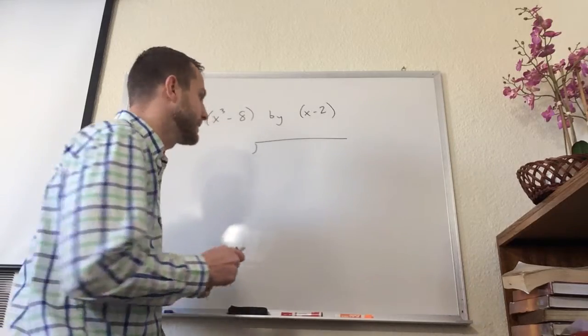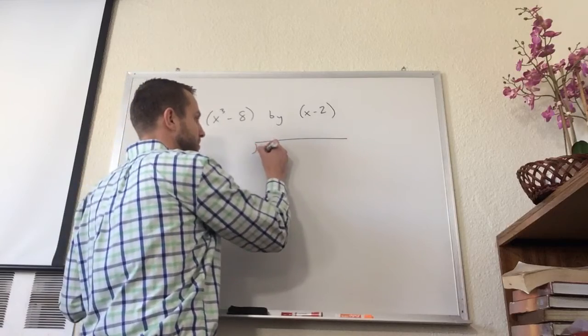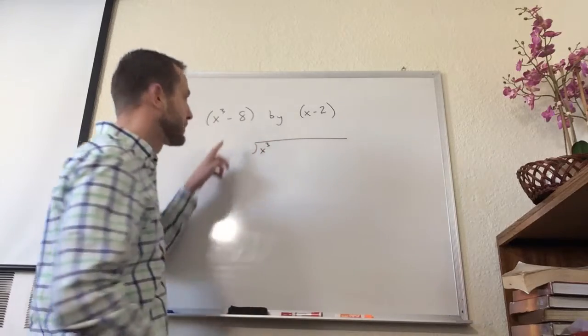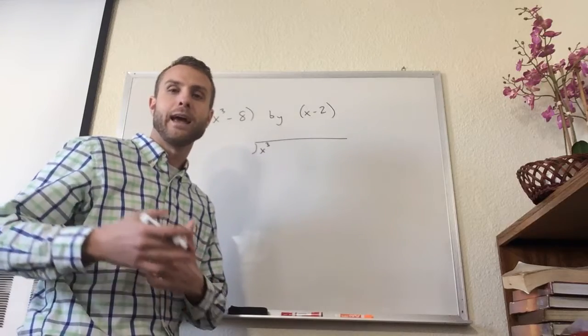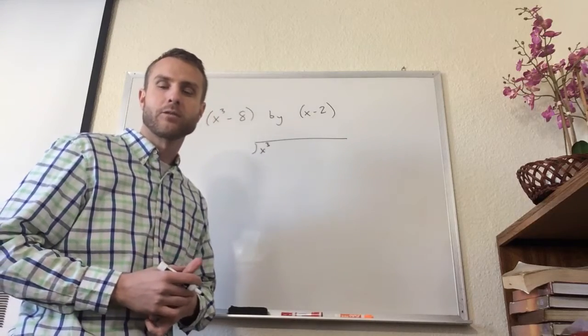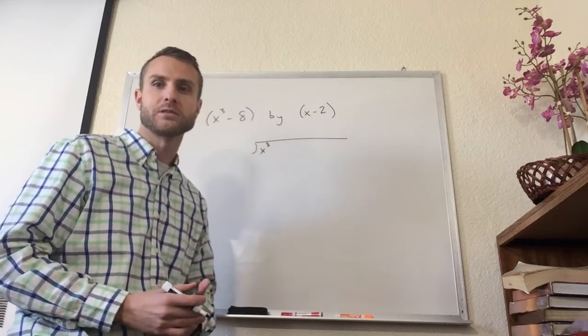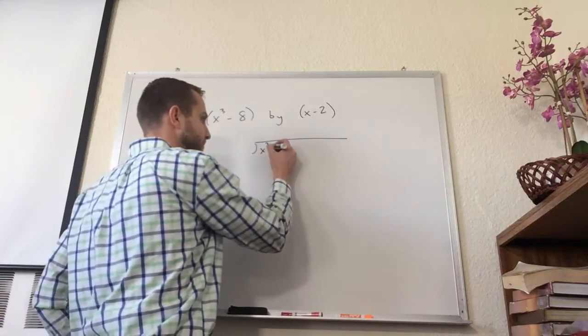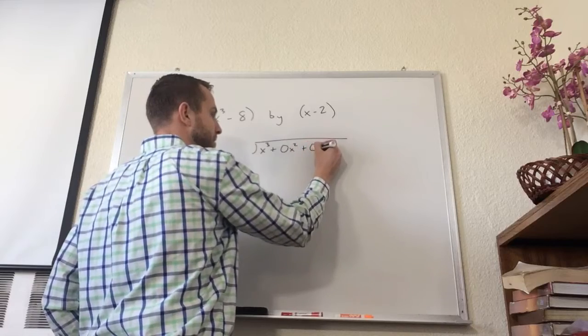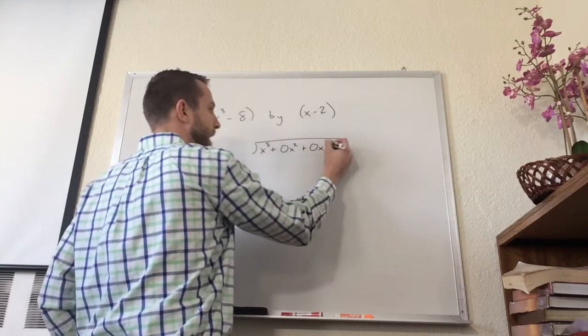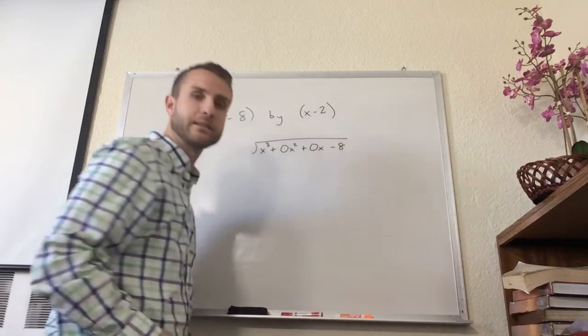So I have to add those in as placeholders. So I have x cubed, but before I do minus 8, I'm going to add in x squared and x. And in order for them to just be placeholders, I have to multiply them by 0. So I'm going to add in 0x squared and 0x, and then finally add in my negative 8.